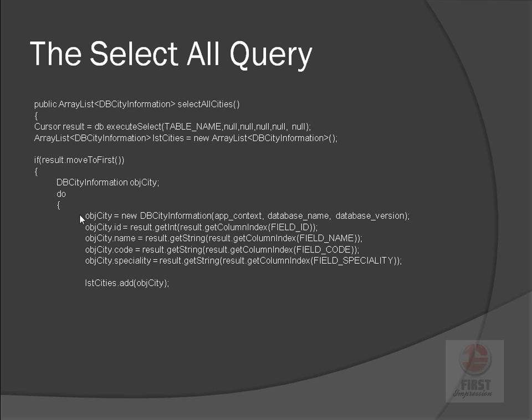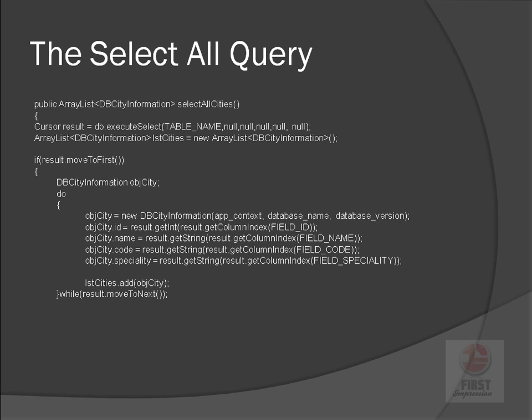Okay, so we created a new object of type dbcityinformation and added this object inside the array list. Once we are done, we have to move to the next record. We will say while result.moveToNext. The result.moveToNext function will return a true value if the next record is present. It will return a false value if there are no more records present.